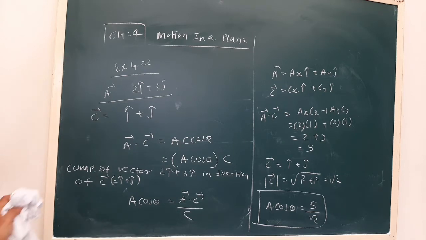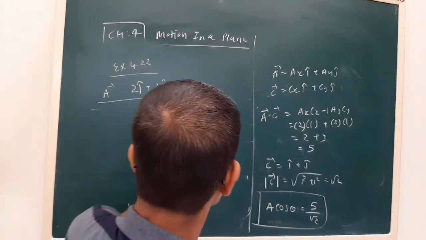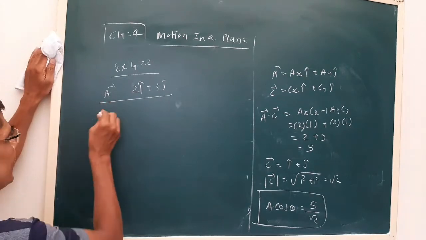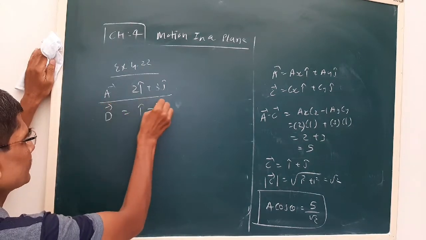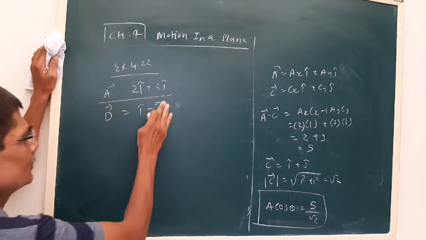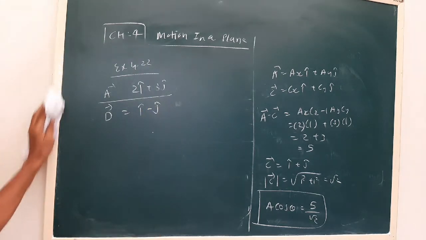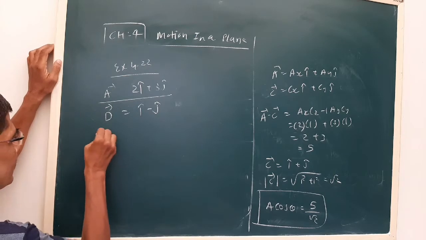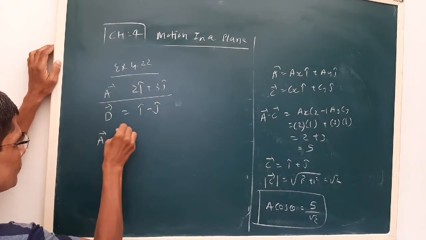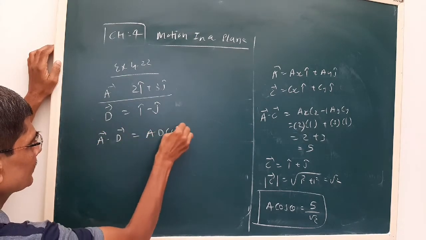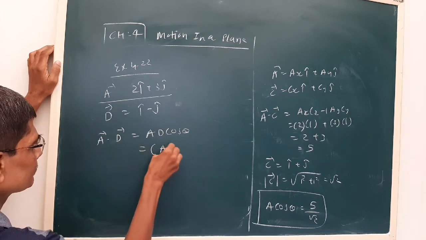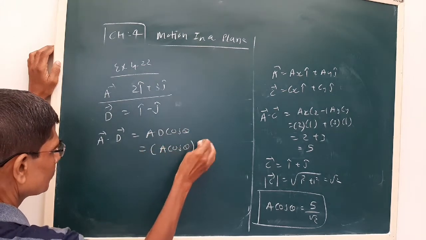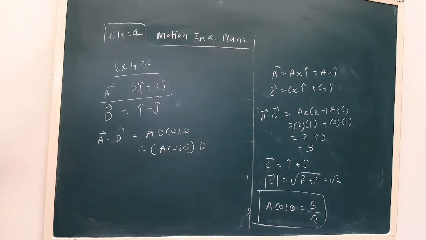Secondly, we have to find out the component of vector 2i plus 3j in the direction of D. Now we can proceed by the similar method. So A dot D is AD cos theta.